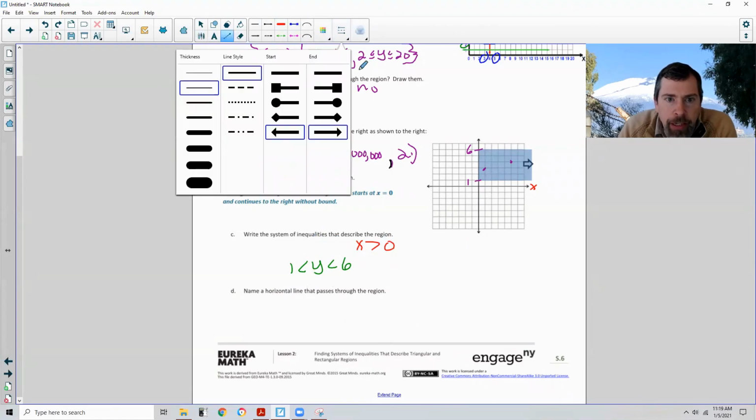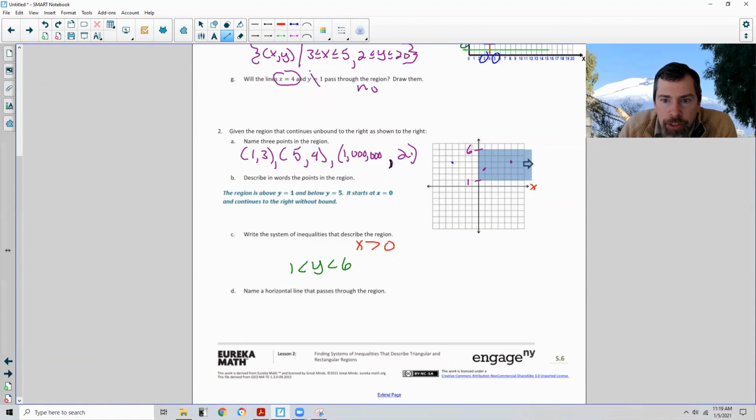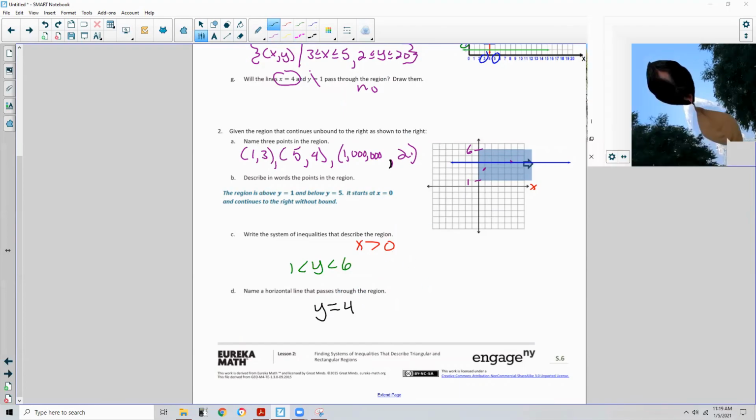So if I just take a line and draw it horizontally through the region like so, there's a line horizontal through the region, then I would say that equation is Y equals whatever number value that is, and that is 4. So that'd be the equation Y equals 4. If I moved it up to 5, it'd be Y equals 5. If I moved it up to 4.5, it'd be Y equals 4.5, etc., etc.